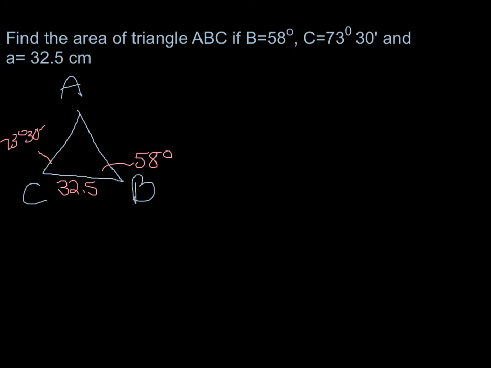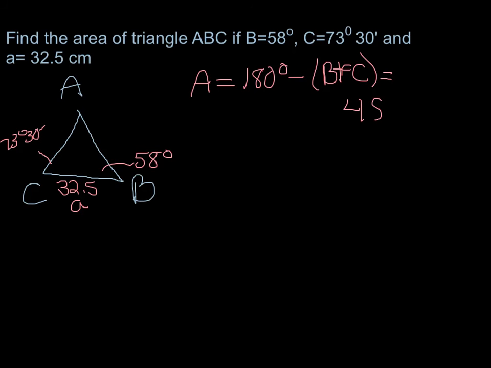Well, in this case, we're only given one side, and we're missing the corresponding angle to side A. So we're going to have to use the law of sines to find another side length, and we can easily find angle A by doing 180 degrees minus the sum of angles B and C. Just to make it short, we'll find that angle A is 48 degrees and 20 minutes.